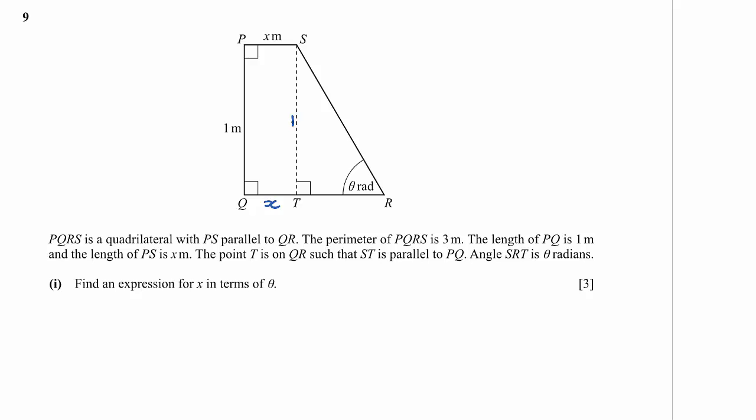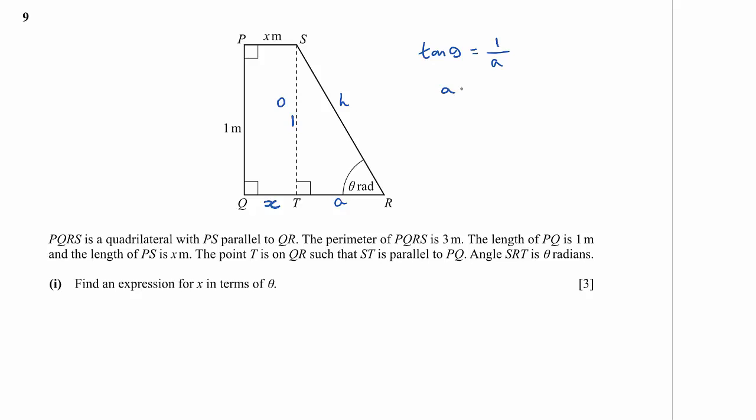Well, if this is 1, so if this is theta, this is the right angle, then in this one, this is the opposite, this is the adjacent, and this is the hypotenuse. So tan theta is equal to the opposite, which is 1, over the adjacent, which I've just called a here.